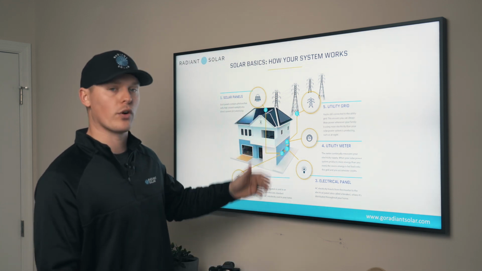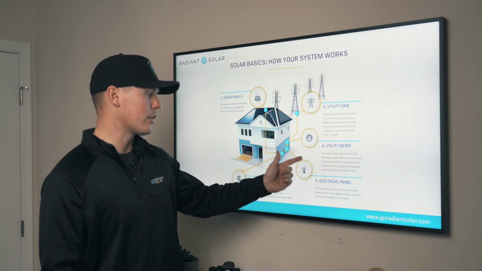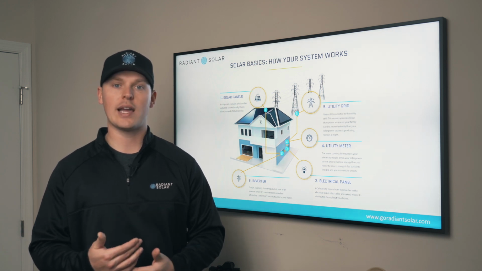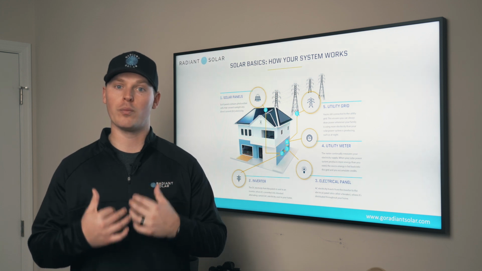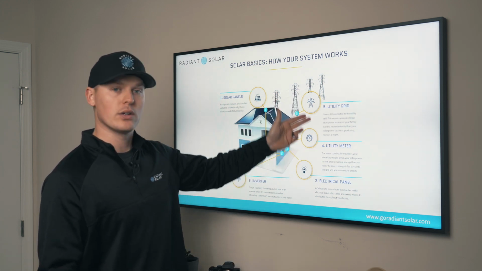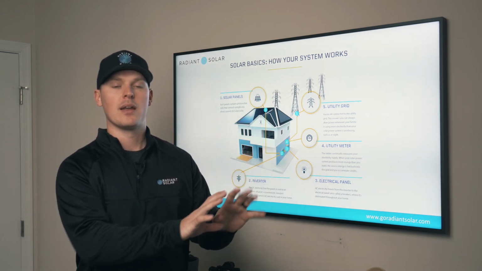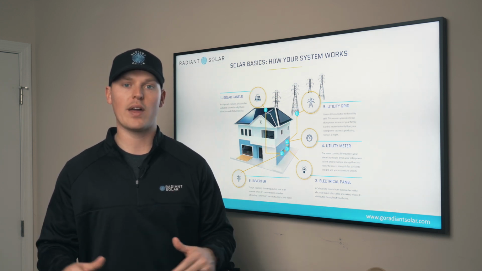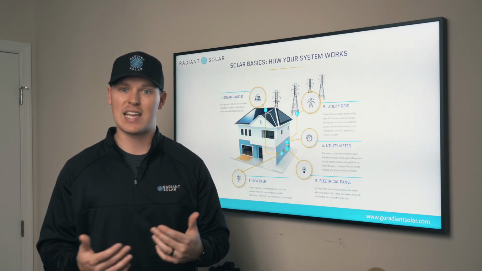Once your energy is converted into alternating current, that energy will be distributed directly into your home's main electric panel, where you will utilize and run on that energy as your home needs it. And if you're producing more energy than your home needs in that given moment, you will actually begin to build a credit with your utility company because you'll be exporting energy back to their grid. That process is known as net metering, and I'm going to have a future video that covers more about what net metering is and how it works.